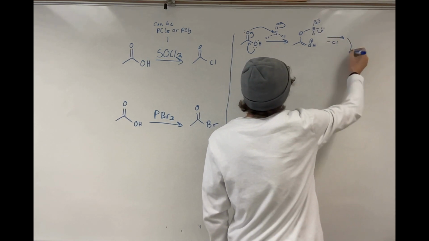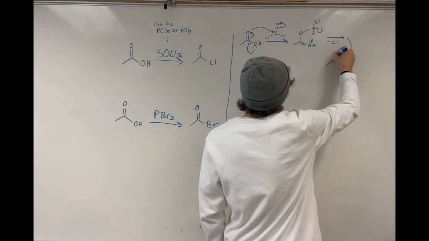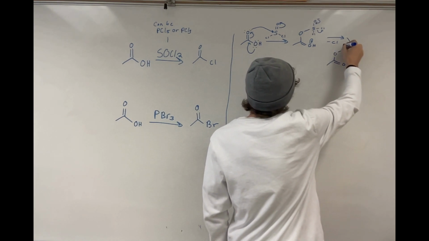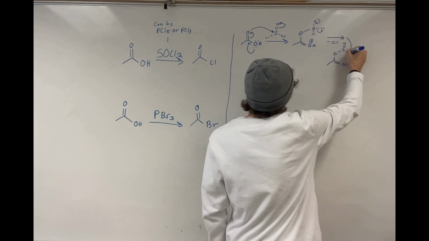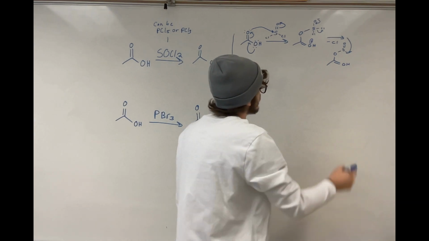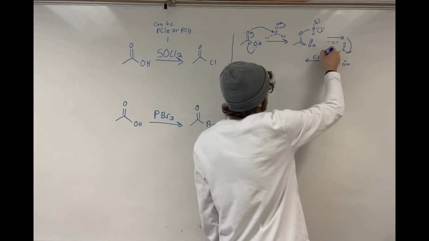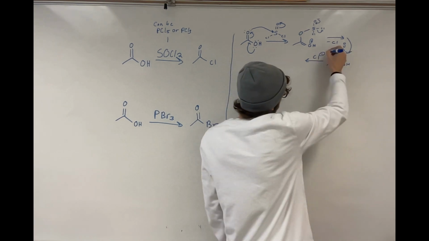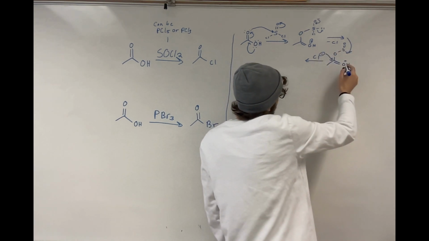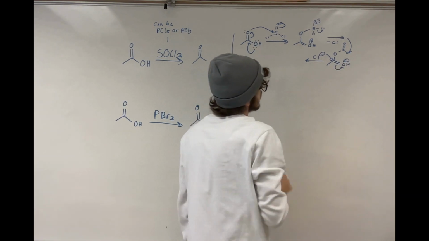And now I'll bring it down here. So now we have this leaving group here, which is kind of good, but we can't have it leave quite yet. That chlorine that was just around, by the proximity effect, is going to attack our carbonyl, the unhappy hydroxide, and leave us with an OH.